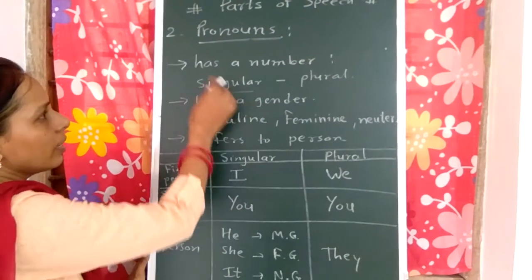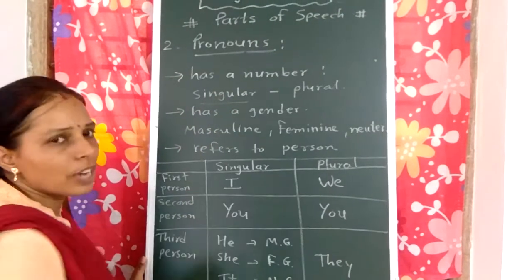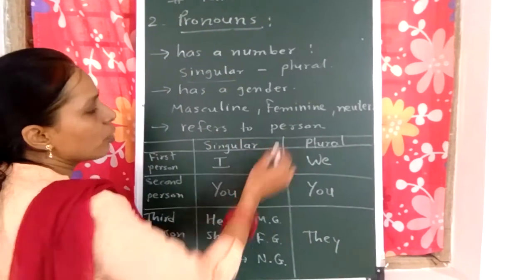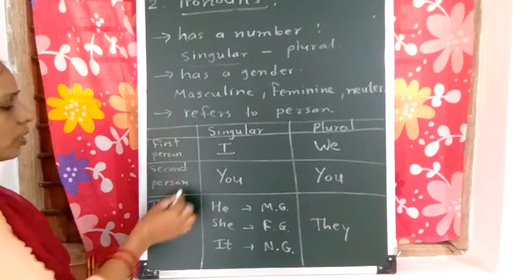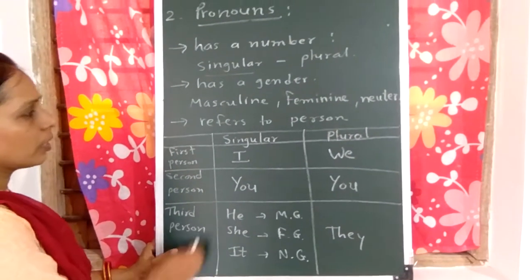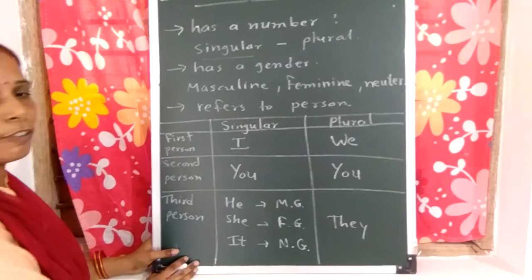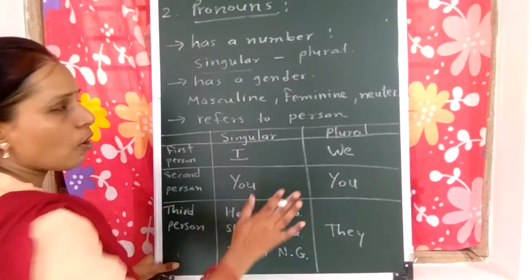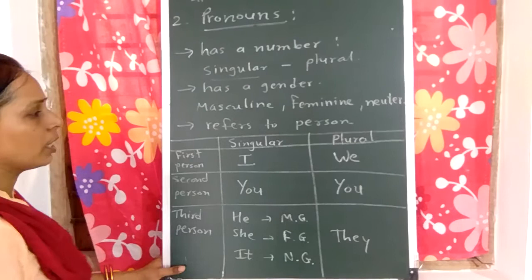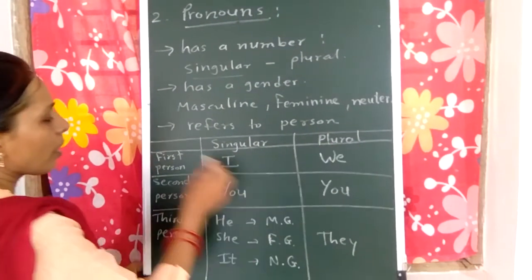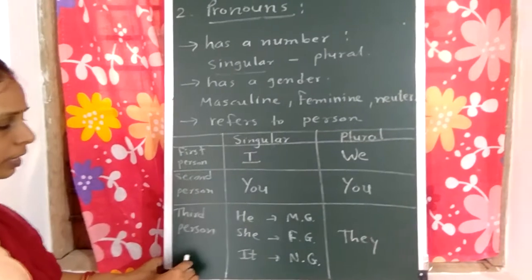Let us understand number and gender by this table, and also the pronoun refers to person as first person, second person and third person. It is the table of personal pronouns in the subjective form, with singular and plural forms, and first, second and third person.